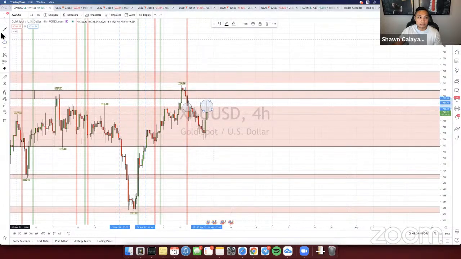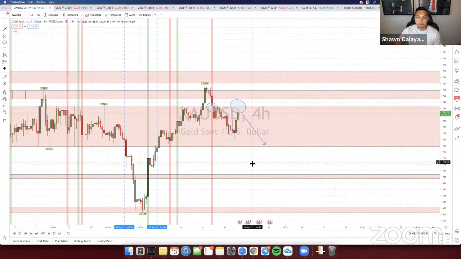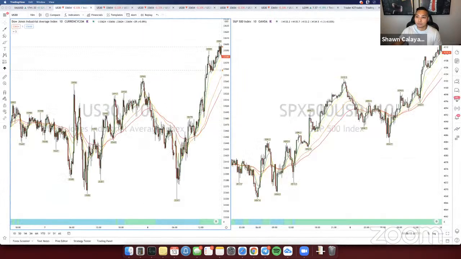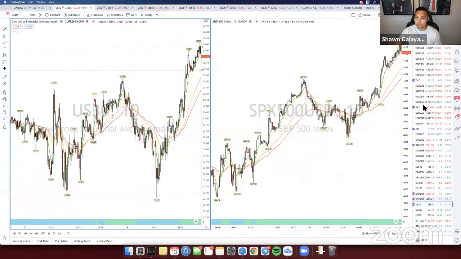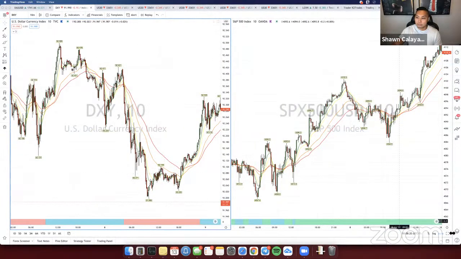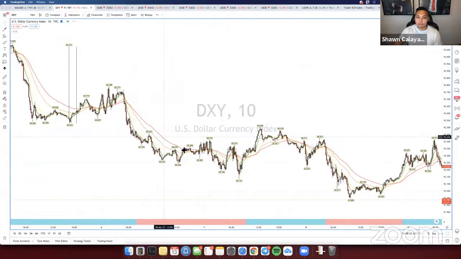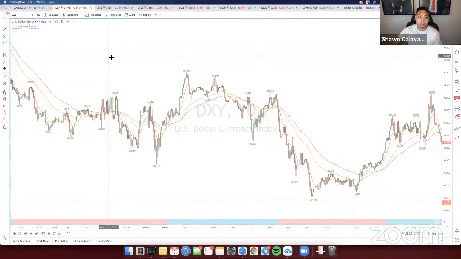So with that said, what I probably see happening is price is probably going to bounce down from this point over here. One thing to confirm this specific move is that we can look at the dollar index over here, which is the DXY. And the DXY generally moves opposite of gold.